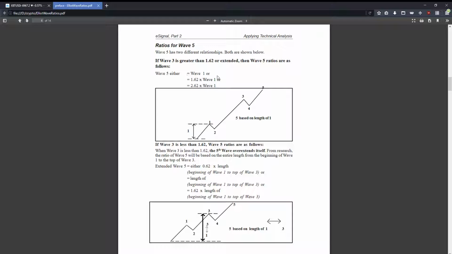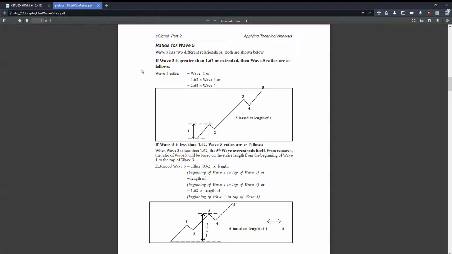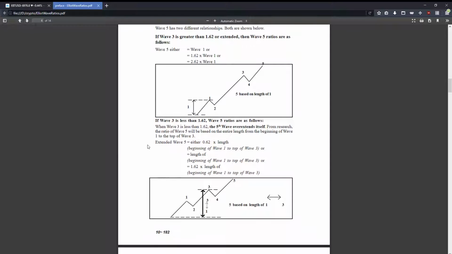Wave 5 equals wave 1, or 1.62 times wave 1, or 2.62 times wave 1. We're not going to use this here because our wave 3 in this example only went to 1.62. So in this case, we're going to use these guidelines.